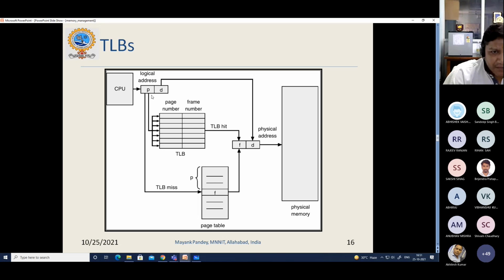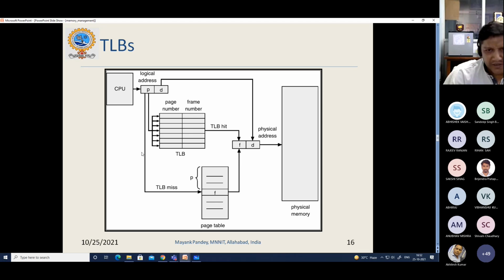So here the whole page number will be compared in parallel. सपोज 16 एंट्री का एक टीएलबी बना लिया. पेज टेबल में तो बहुत सारी एंट्रीज हैं. तो पेज नंबर पैरेलली सबसे कंपेयर हुआ टीएलबी में. अगर मिल गया, टीएलबी हिट हो गई, तो इसको हम फास्ट मेमोरी या कैश में कहीं बना सकते हैं. स्पेशल मेमोरी, fine, which is faster.